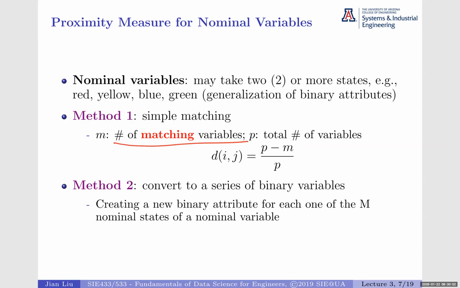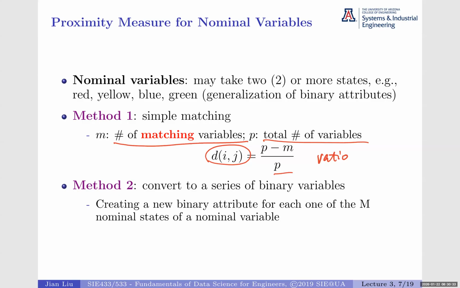So we can have the number of matching variables as M and P as the total number of nominal variables. And the distance is defined as P, the total variables, minus the number of matching variables, over the number of total variables. So it's kind of like a ratio, right? This is a ratio of identical nominal variable values. First method.